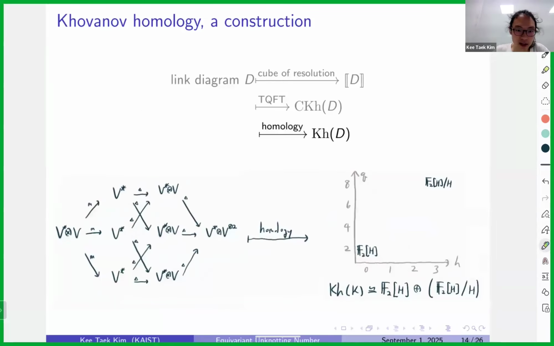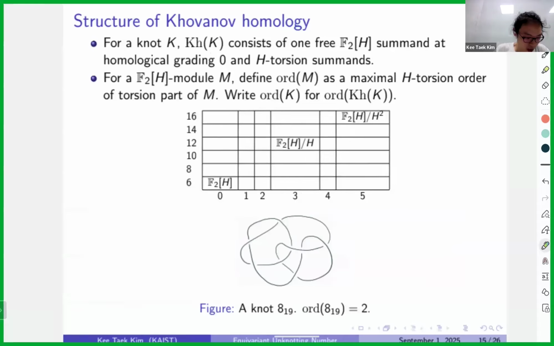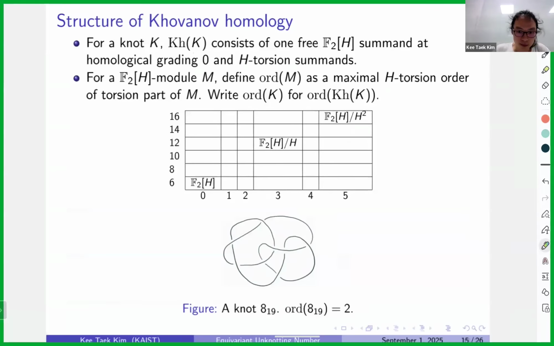Then finally, we can take the homology. So the result is here. The Khovanov homology of the right-handed trefoil consists of this one free part and this torsion part. As in the previous example, for a knot K, Khovanov homology consists of one free Z part at homological grading 0, and other parts are just Z torsion parts.